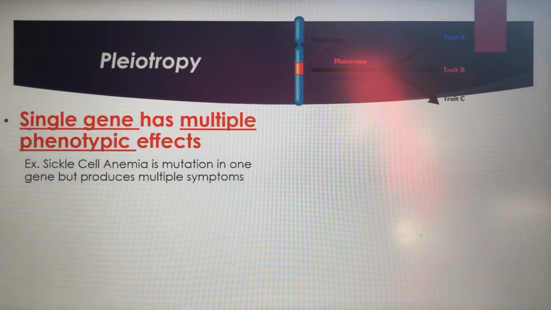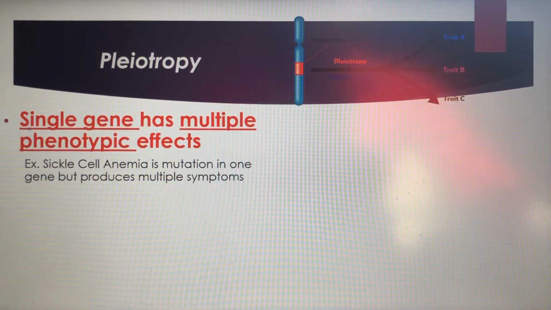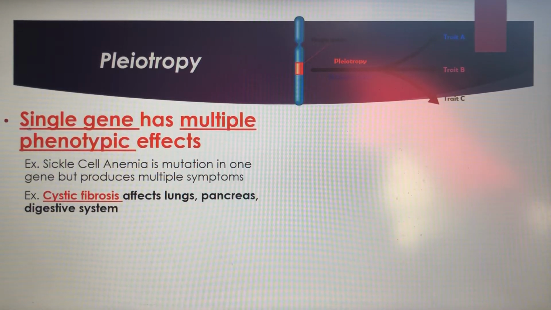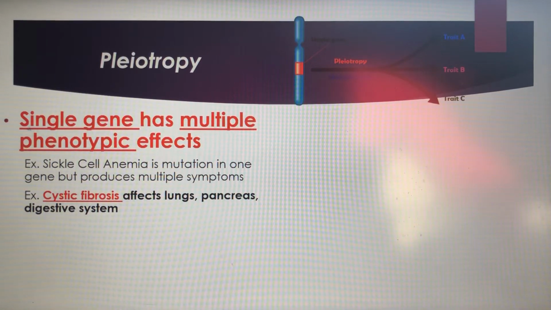There's several diseases: Tay-Sachs disease, cystic fibrosis is one, where you're going to have a lot of different symptoms, okay? But it's just one gene that actually contributes to it, okay? So sickle cell anemia and cystic fibrosis are both examples of that.